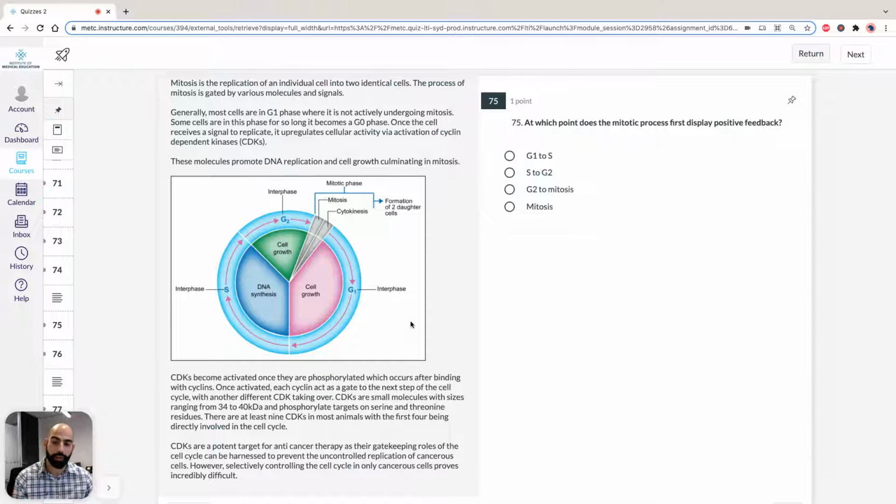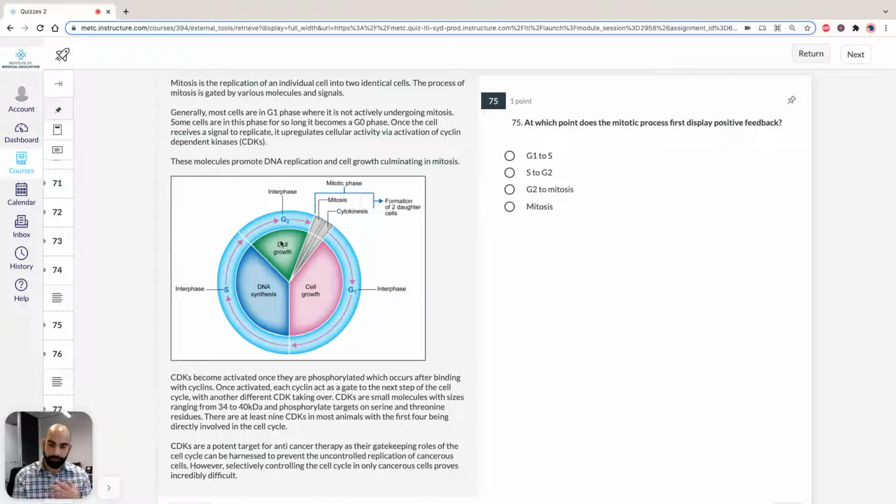But the question is asking at which point the mitotic process first displays positive feedback. Positive feedback in this instance would be cells growing, then the cyclin-dependent kinases are activated, and they act like a gate telling the cell, let's start DNA synthesis, and then let's start cell growth.